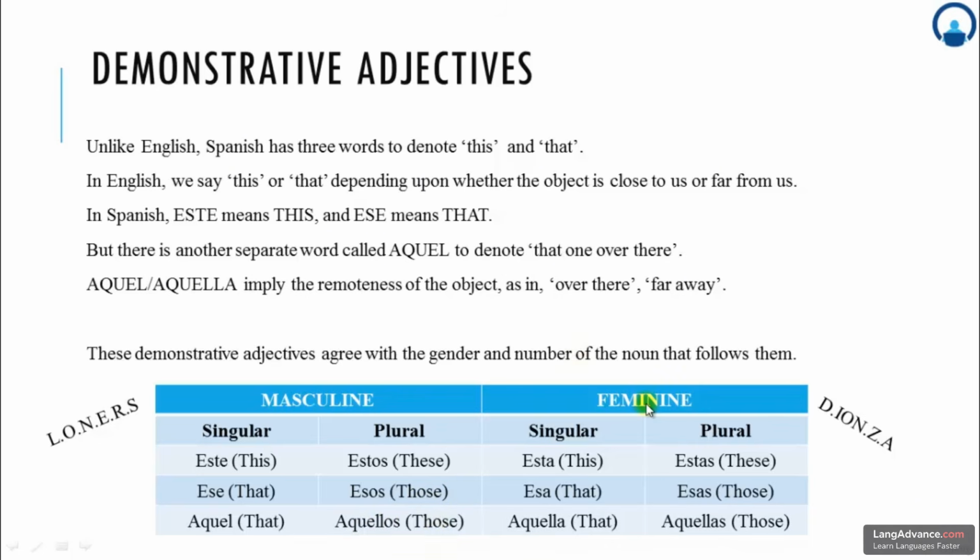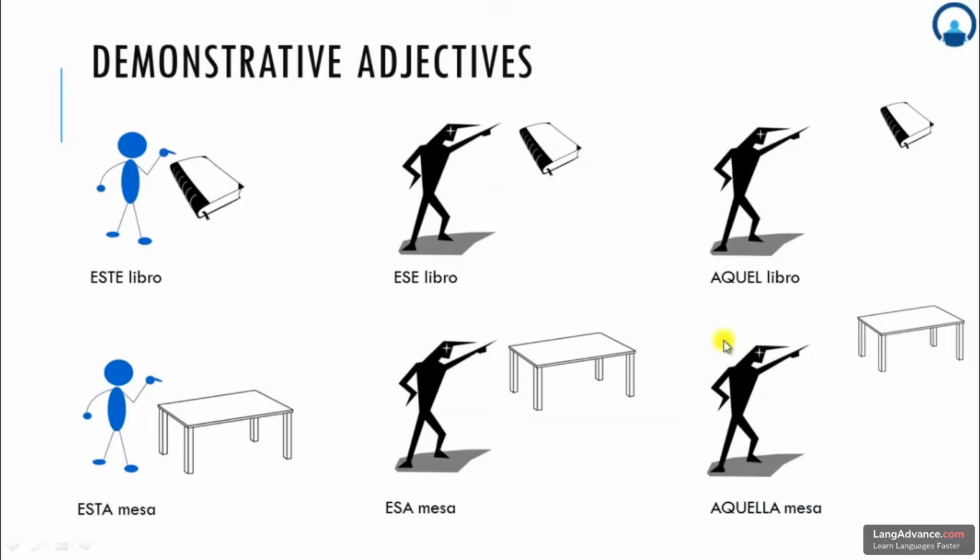For feminine, for singular, esta means this, esa means that, and aquella means that one over there. And for plural feminine, it is estas, these, esas, those, and aquellas means those, the far one. We'll see this with an example to get a better understanding of demonstrative adjectives.